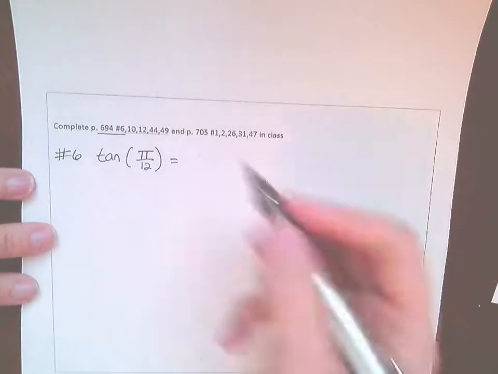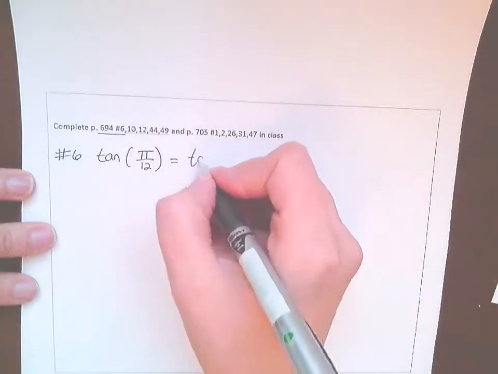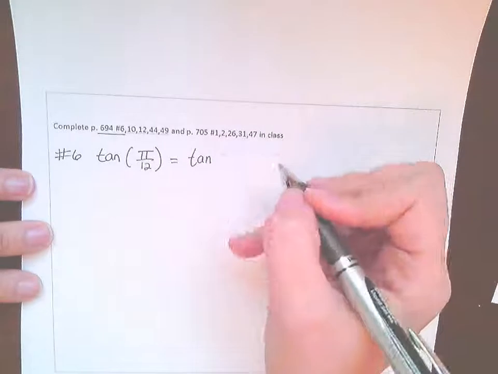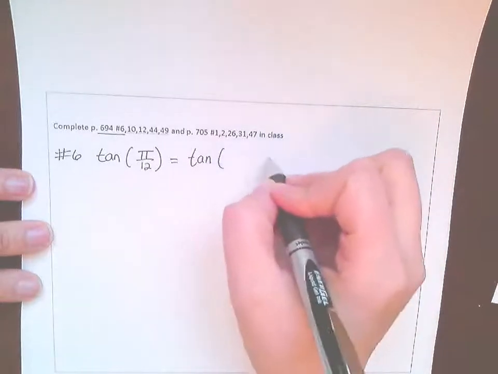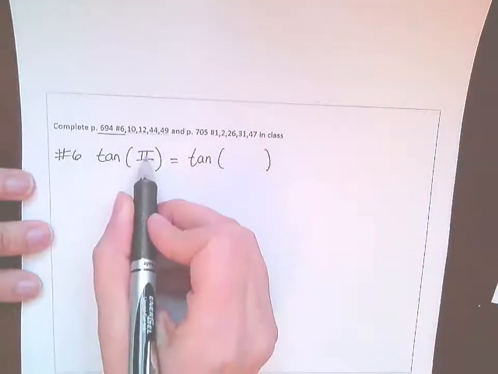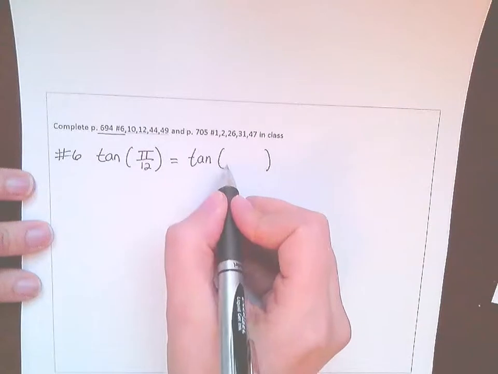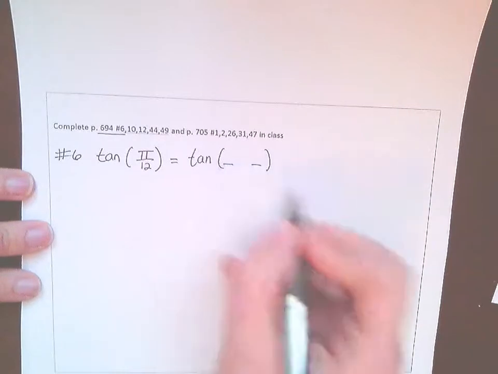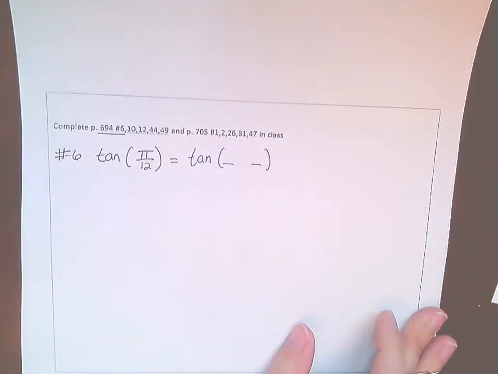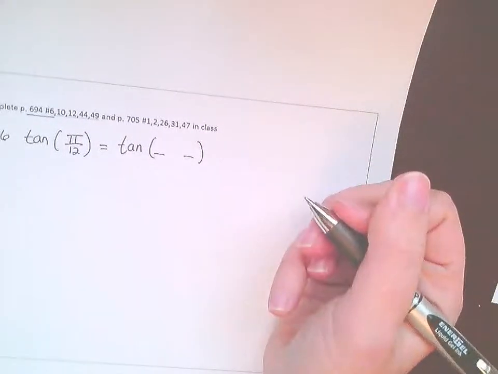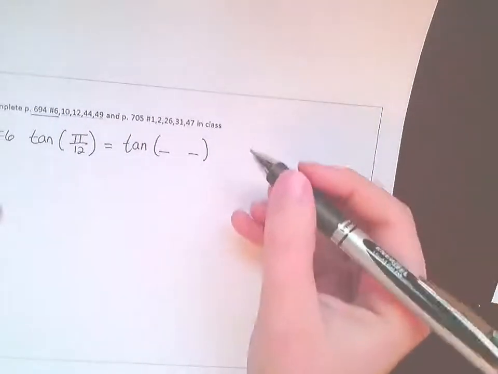Okay? So now, basically what I want to do is split tan pi over 12 into 2 parts that are on the unit circle. Alright?